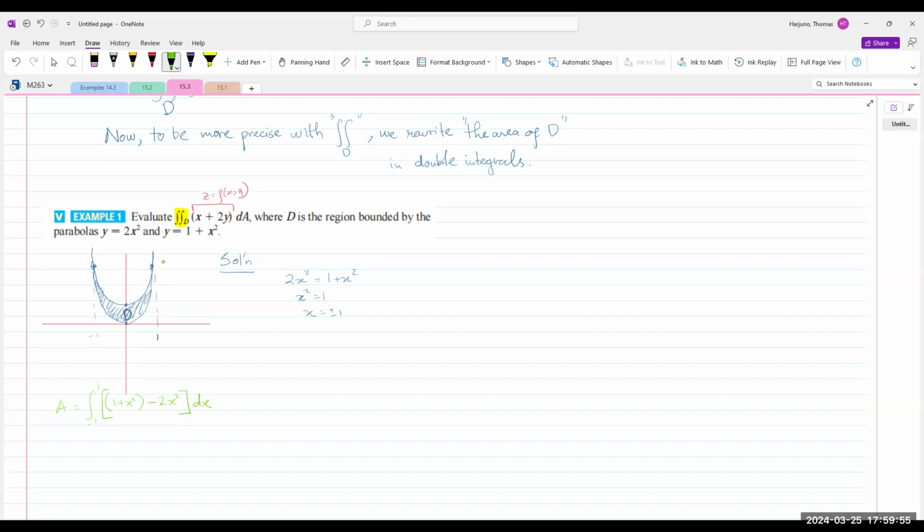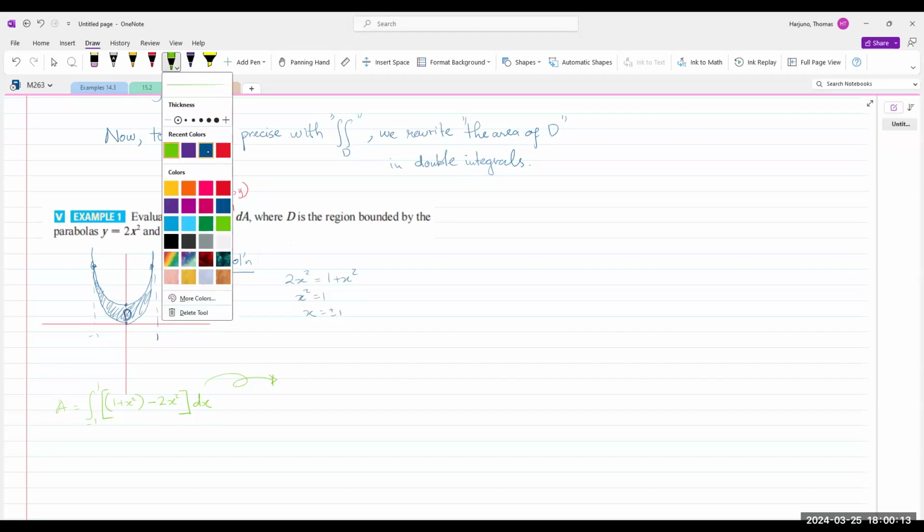That's the area of the domain D using a single integral.